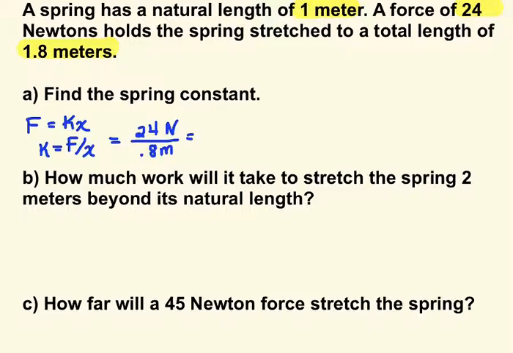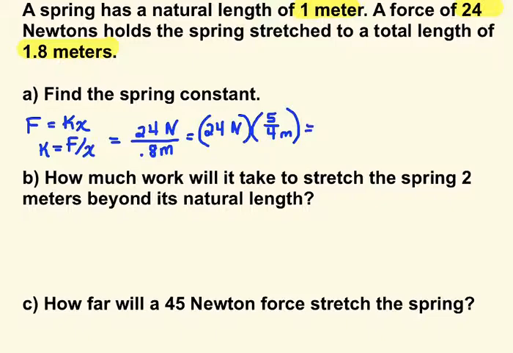There we go. And if we don't have a calculator, we can say that's 24 newtons times, well, 0.8 is 8 over 10, which is 4/5, but we're dividing by 4/5, so we multiply by the reciprocal, 5/4, and of course the meters are still down here.